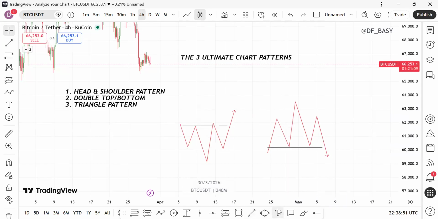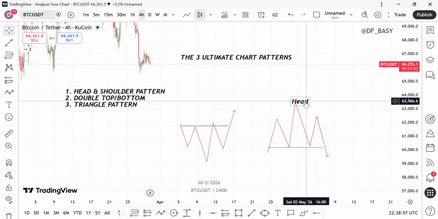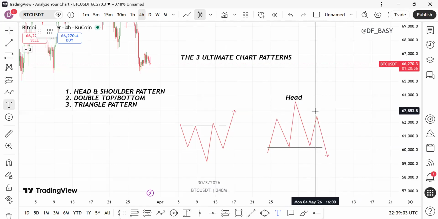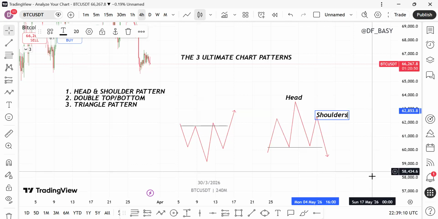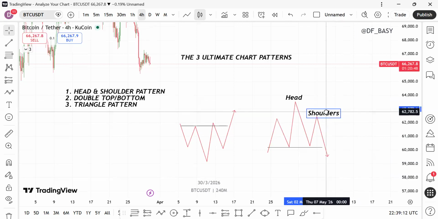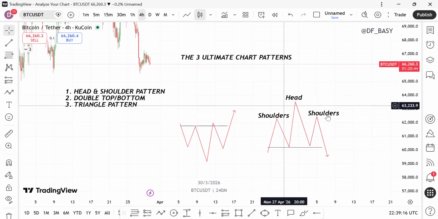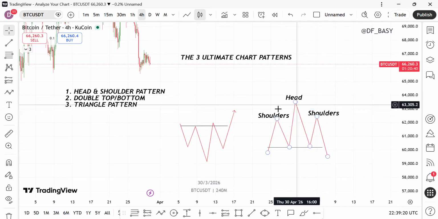This is why we call this the head. This is basically the head. Then we have the shoulders here, the two shoulders. So it's the head and shoulders, hence the name head and shoulder pattern.